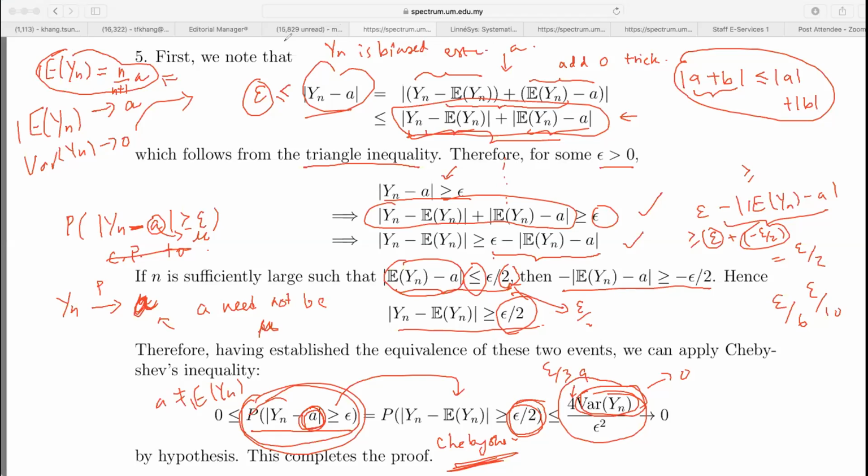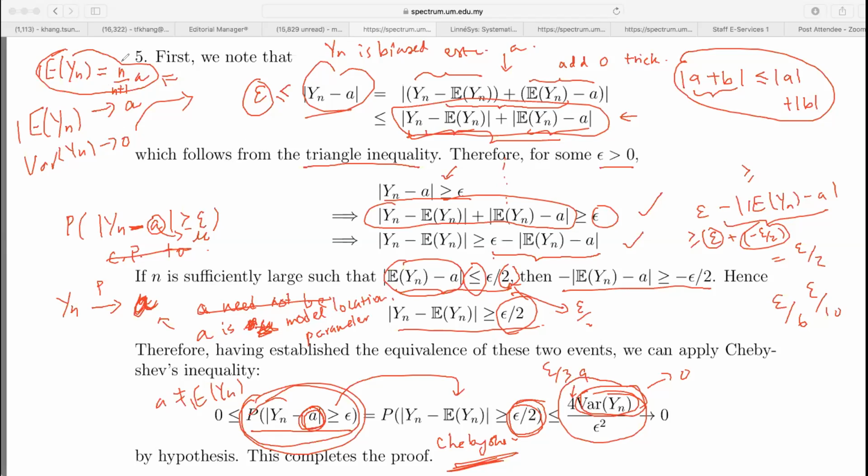Here a is the mean, the model location parameter.